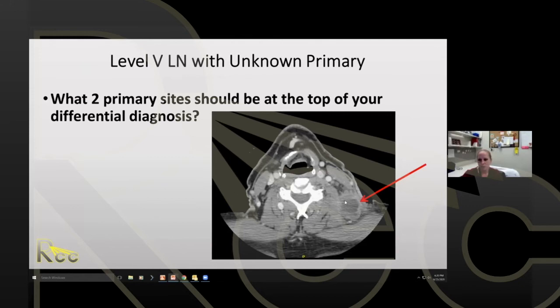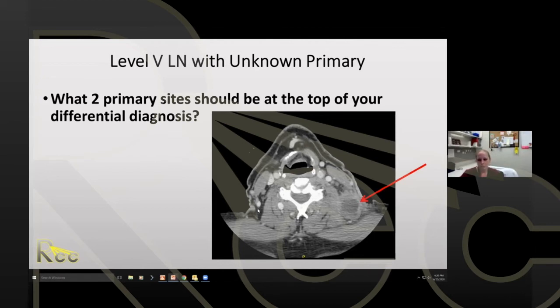It's centrally necrotic, peripherally enhancing, and based on imaging, there's obvious extranodal extension. So it looks like the tumor's invaded through the capsule. We see a lot of fuzziness in the fat plane, and it even looks like it's invading the muscles in the posterior neck.